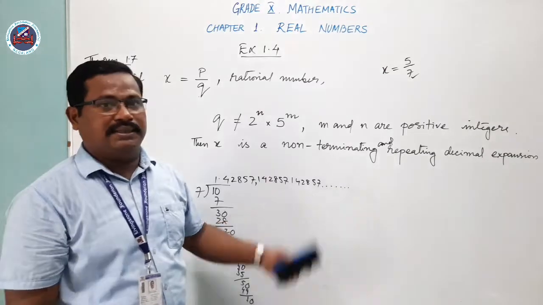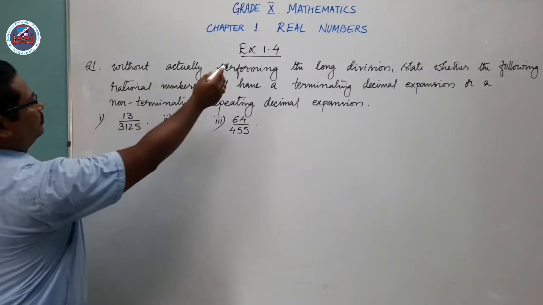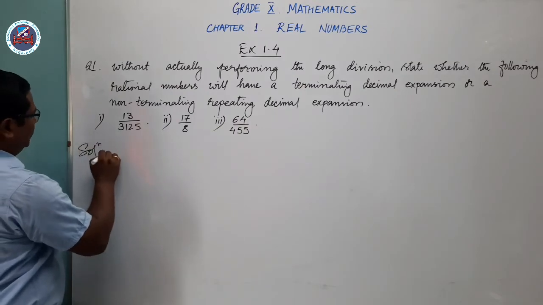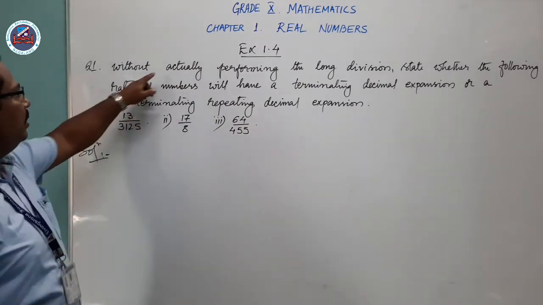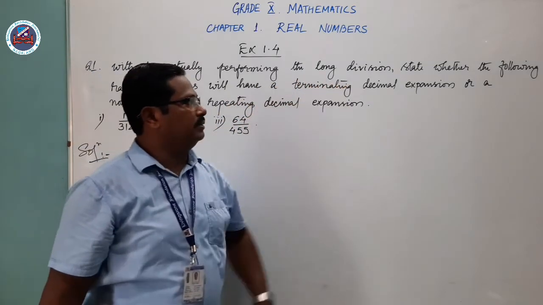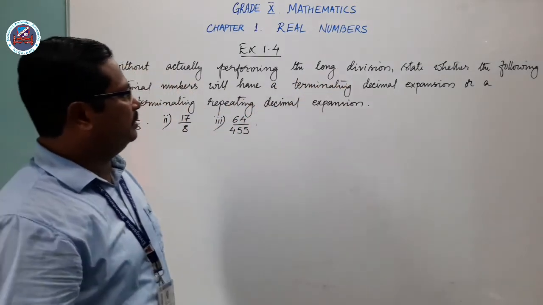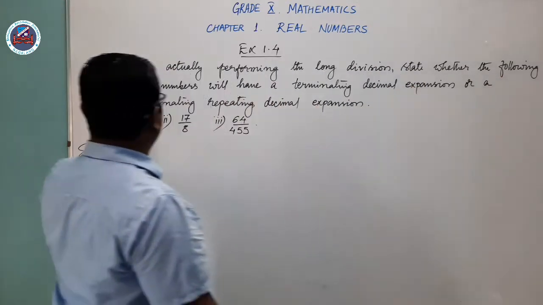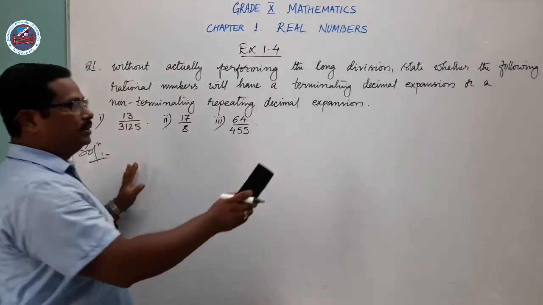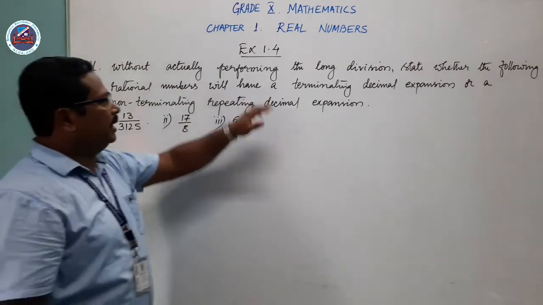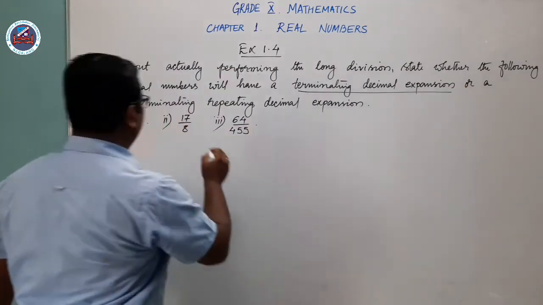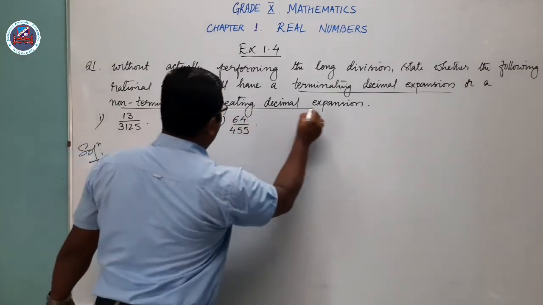Let us do the exercise question and see now. Question number 1 from exercise 1.4. The question says, without actually performing the long division, state whether the following rational numbers will have a terminating decimal expansion or a non-terminating repeating decimal expansion.